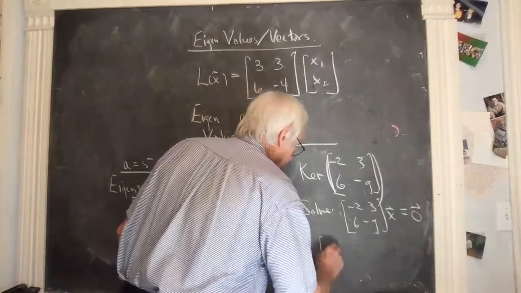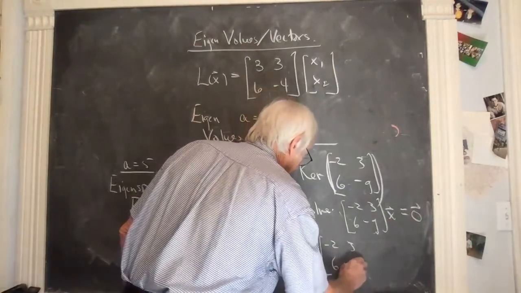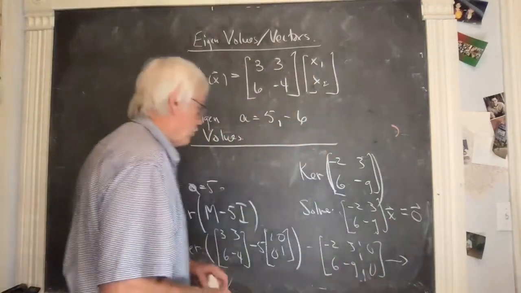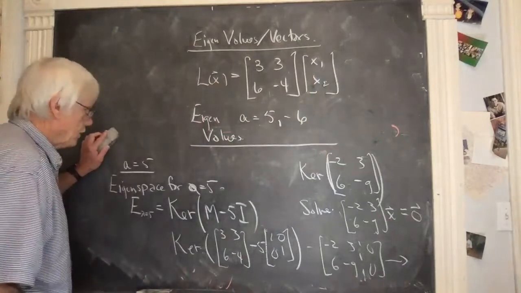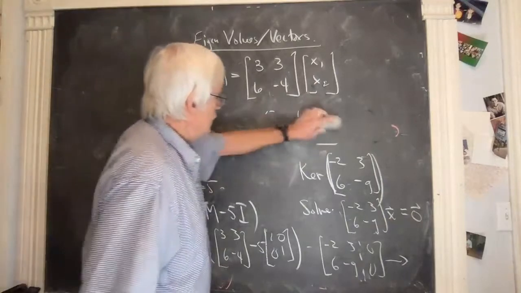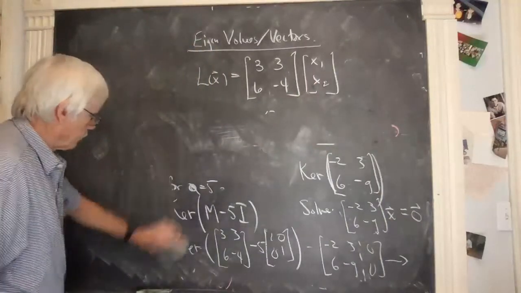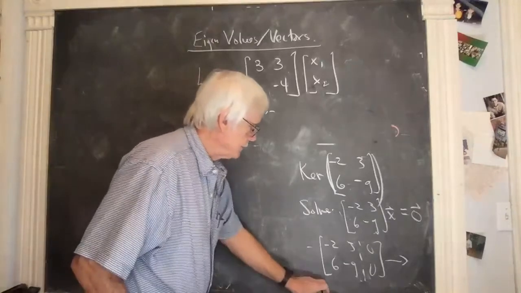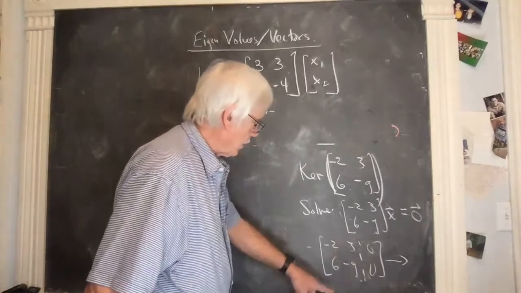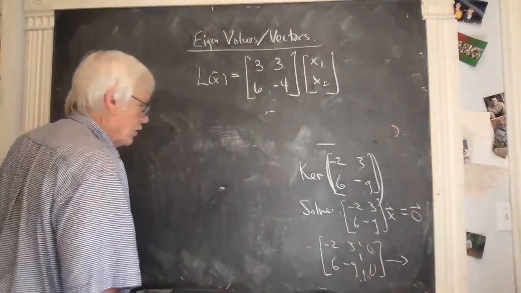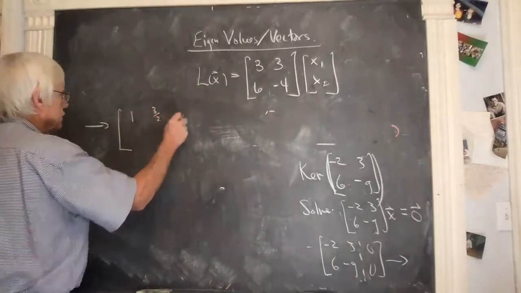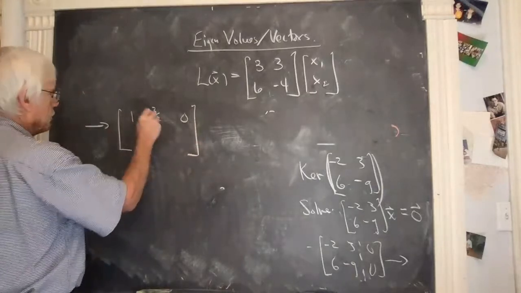So to do this, we row reduce this matrix augmented with 0. Row reduce. Mathematica will do this for you. You need some extra space here, so maybe I'll just rewrite some of this. So if we row reduce this, let's see, I get 1, minus 1.5, 0, 0.